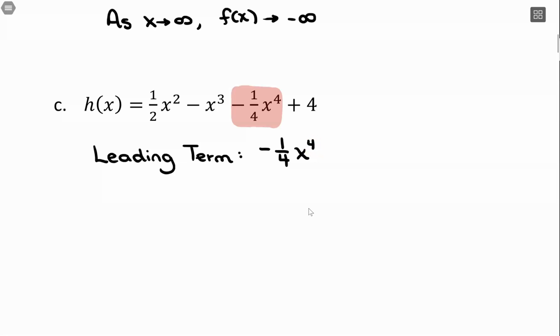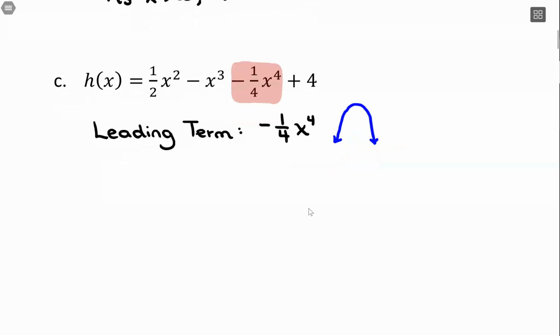So we have an even power function, which often looks like an upwards parabola. However, it's negative, so that's going to make it an opening downward parabola. So with this function, what I can see is on both sides of the graph, we're going off to negative infinity. It doesn't matter if x is getting smaller or x is getting larger, no matter what, our function's going to negative infinity.